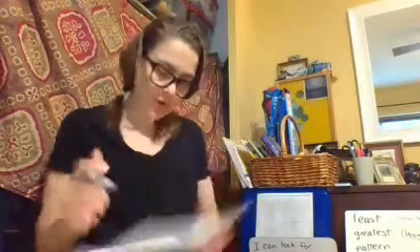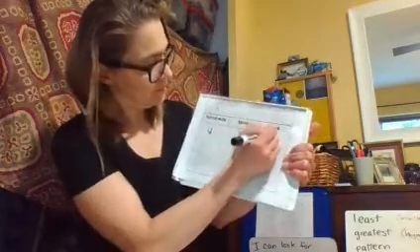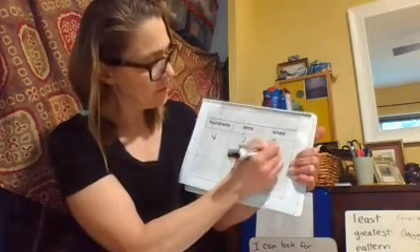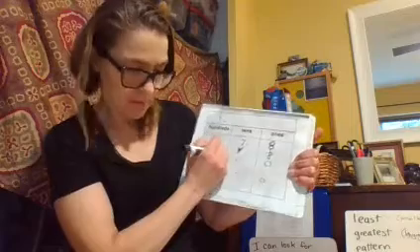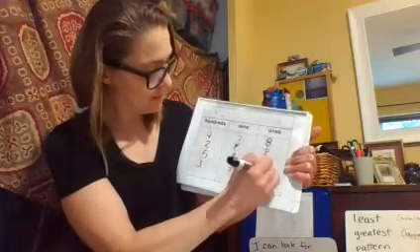So we can go back to our place value chart and write the numbers in here. 418, 218, 518, and 318.